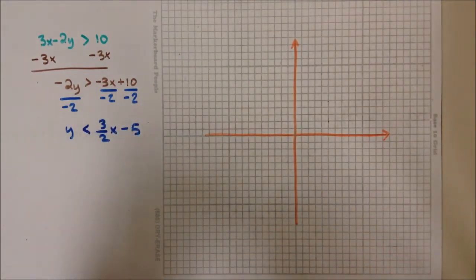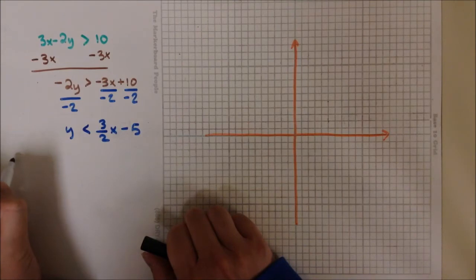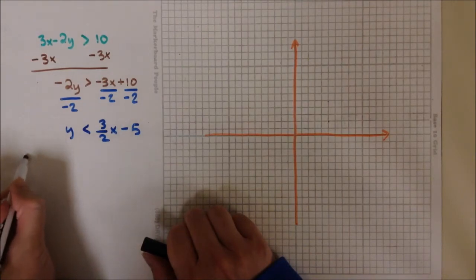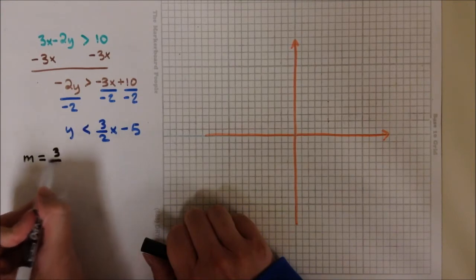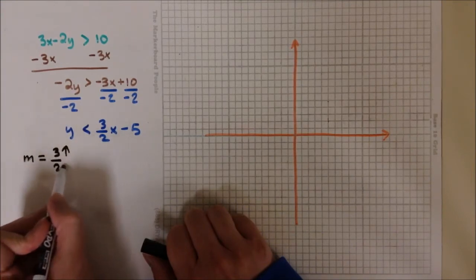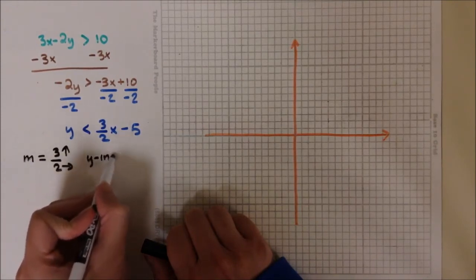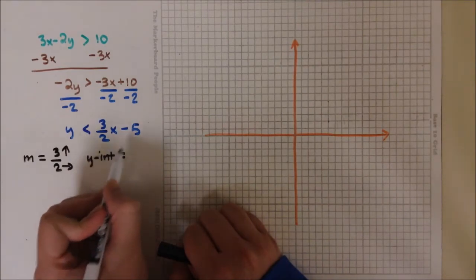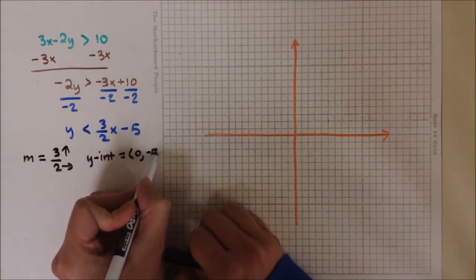Alright, in order to graph, let's identify some key information. First is my slope, m equal to positive 3 over 2. Since it's positive, that means up 3, right 2. My y-intercept is the negative 5, so my coordinate is 0, negative 5.